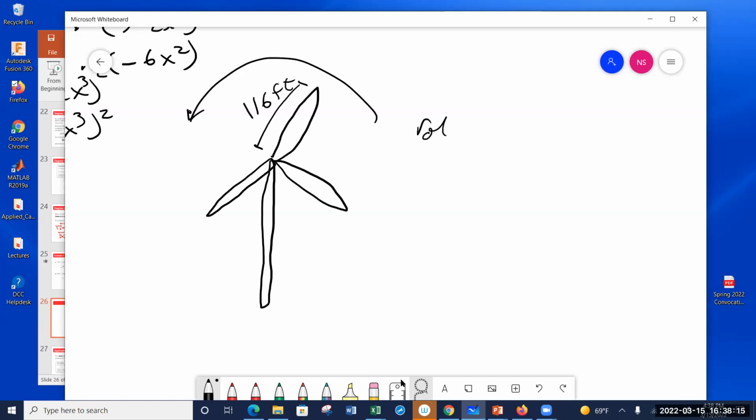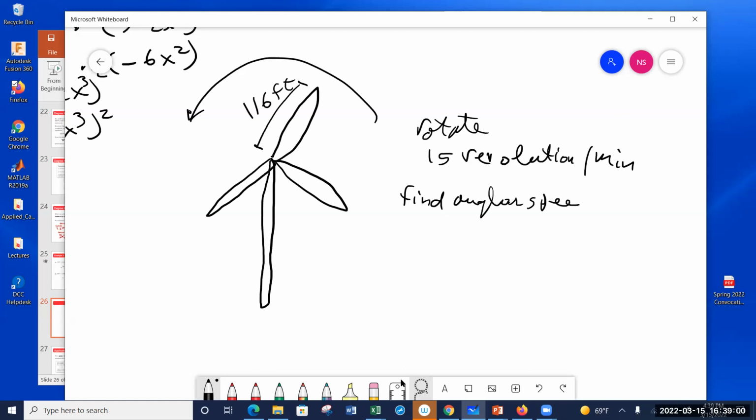This rotates 15 revolutions per minute. Find the angular speed omega. Find the linear speed v.